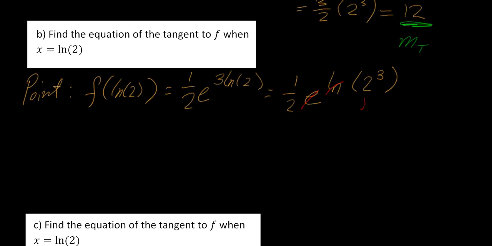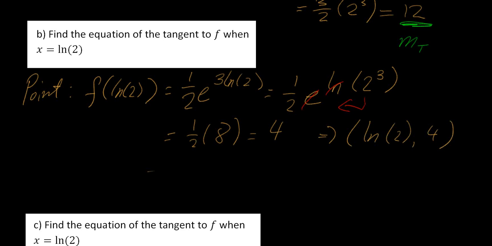And when that happens, this bracket comes to the bottom as just a normal number multiplied by half. So over here, you get half times 8, 2 to the power of 3, which is 4. So your coordinate here is ln2, 4.